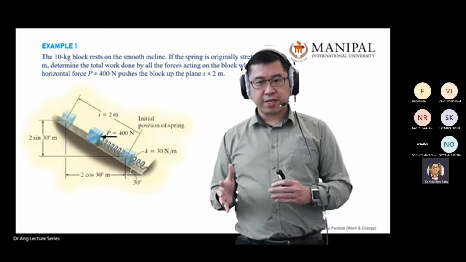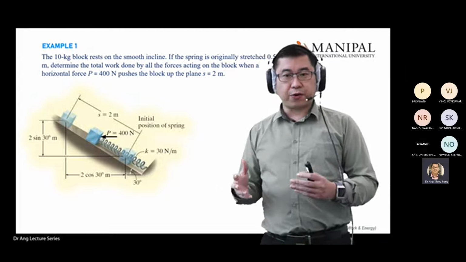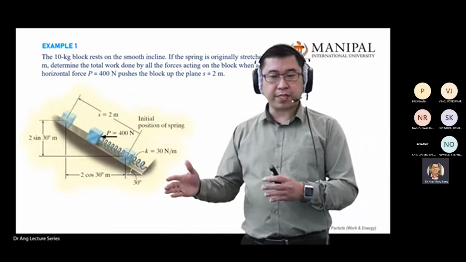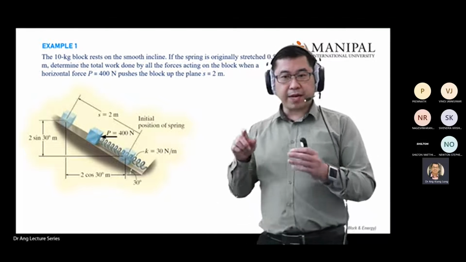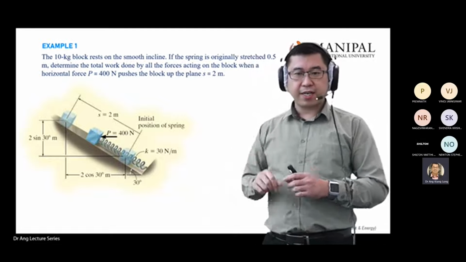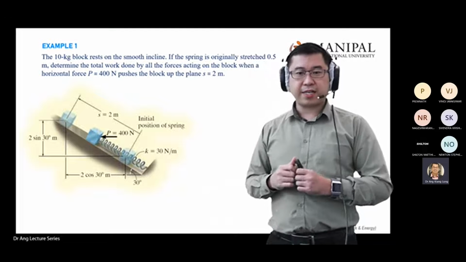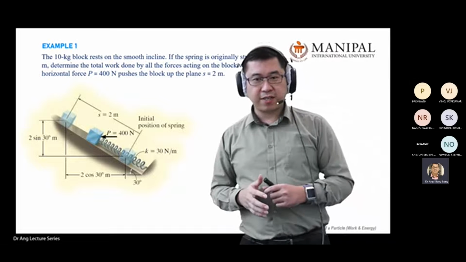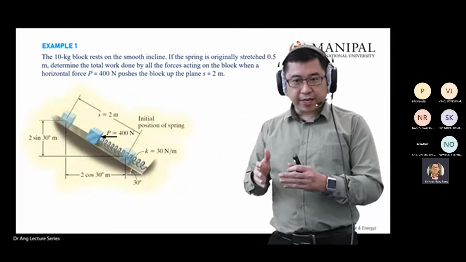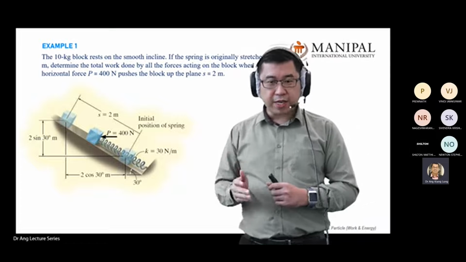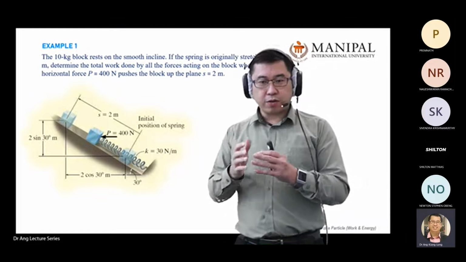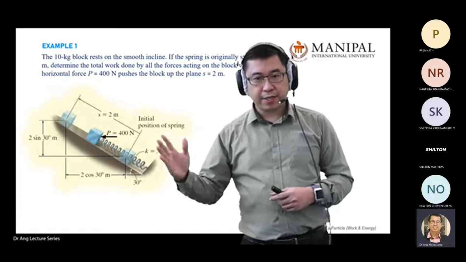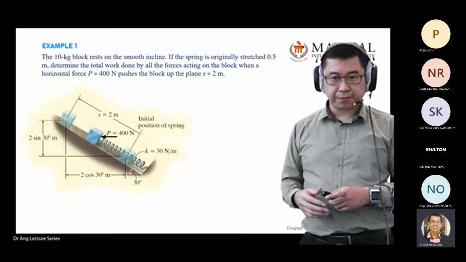Is it a spring? Is it a force? Is it gravity? Before this example, we looked at work done by a force in a straight line, in a curvilinear line. We looked at how work is done by weight or gravitational acceleration, and also work done by spring. So we combine what we learned in one example here.